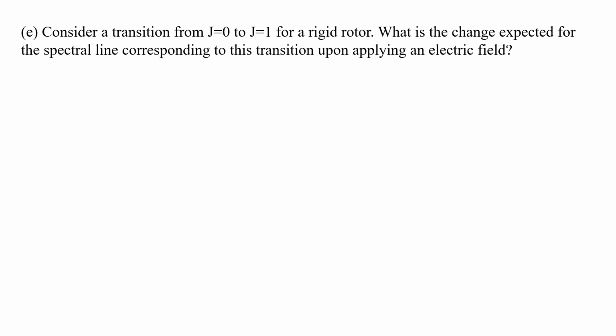When there is no external electric field, and depending on your dipole moment also, if you think about the degeneracies, for j equals 0 there is only one state, a singly degenerate state. Now for j equals 1, there are actually three states, which are m equals plus 1, 0, minus 1.